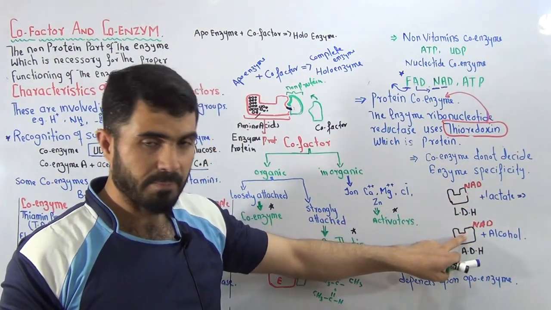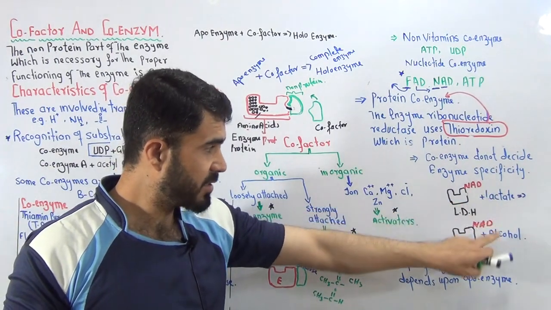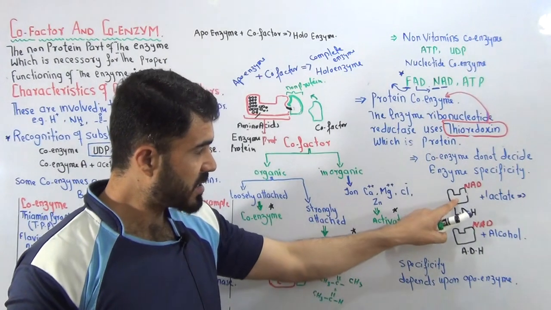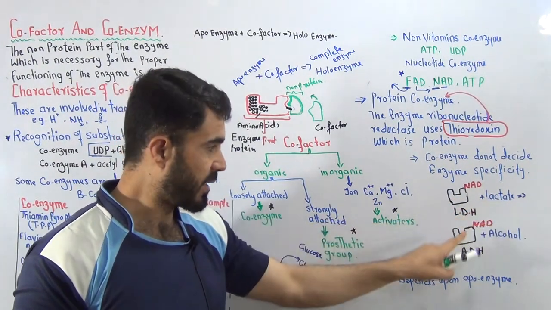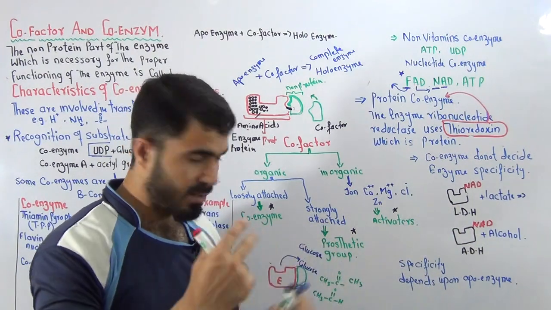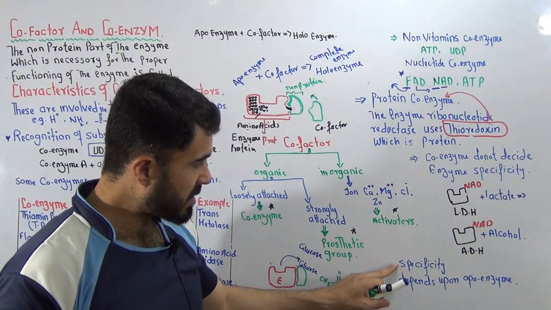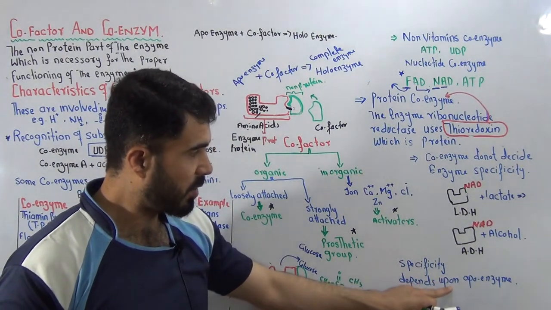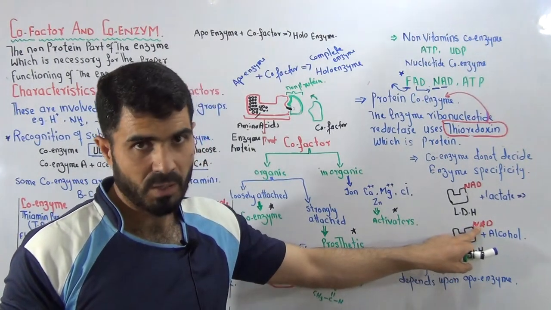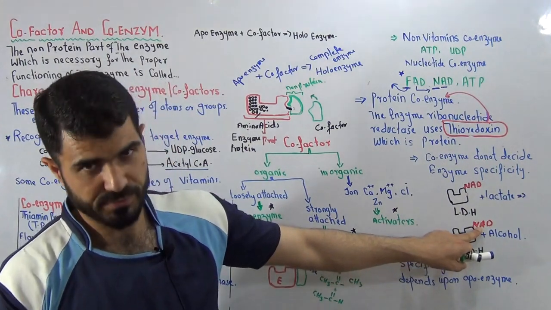They would act on either lactate or alcohol, but not both. Now this enzyme is acting on lactate and this enzyme is acting on alcohol. Both use the same coenzyme. The concluding statement is that the specificity depends upon the apoenzyme, the protein part, not the coenzyme. Coenzymes usually do not decide specificity.